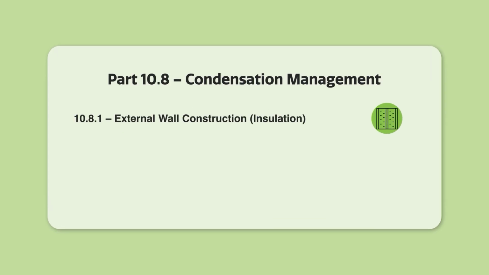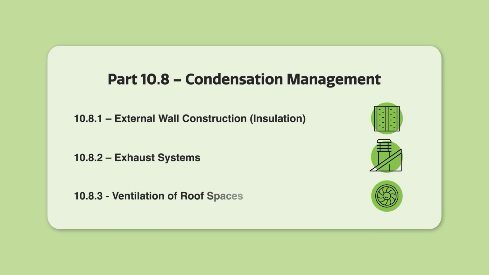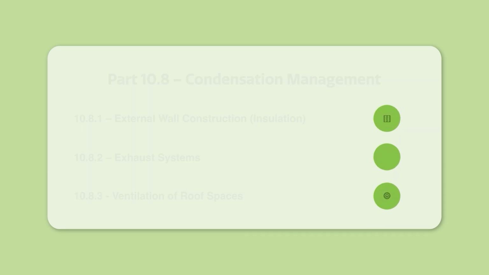Subsection 10.8.1 deals with insulation and vapor permeable membranes. 10.8.2 covers exhaust systems and was covered in our previous video. 10.8.3 covers ventilation of the roof space and is reviewed here.